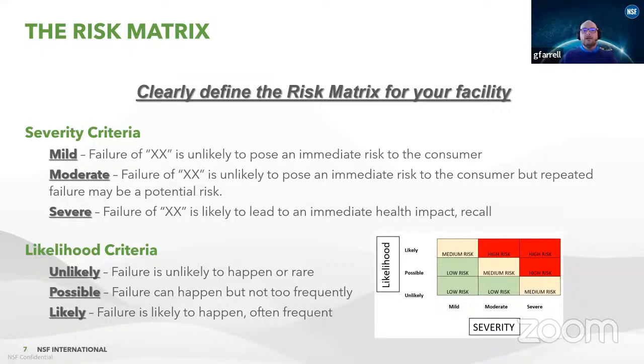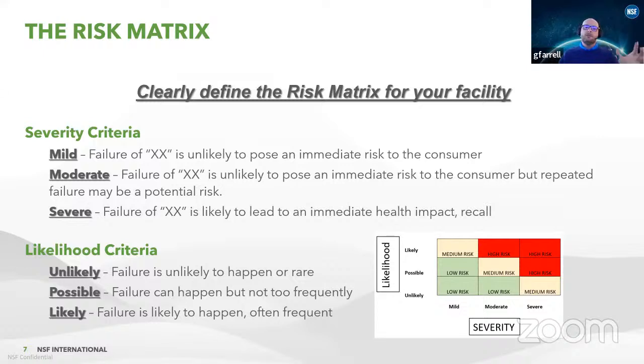Moderate: failure of double X is unlikely to pose an immediate risk to the consumer, but repeated failure may be a potential risk. So initially, if it happens once, it's mild. If it continues to happen or repeatedly happens, then we have to ramp that up. It becomes a moderate risk, and we're looking at it from a different perspective than the mild. And then severe is if we have a failure, it's likely to lead to an immediate health impact or recall.